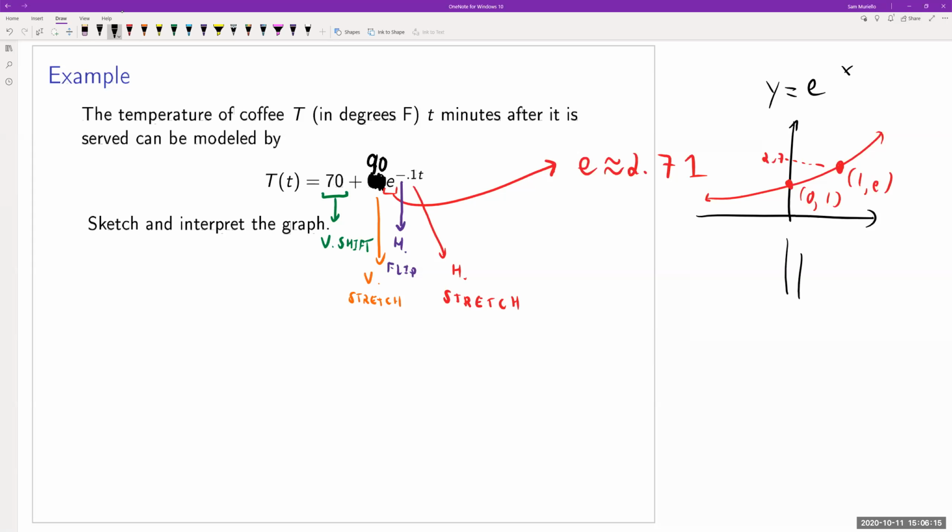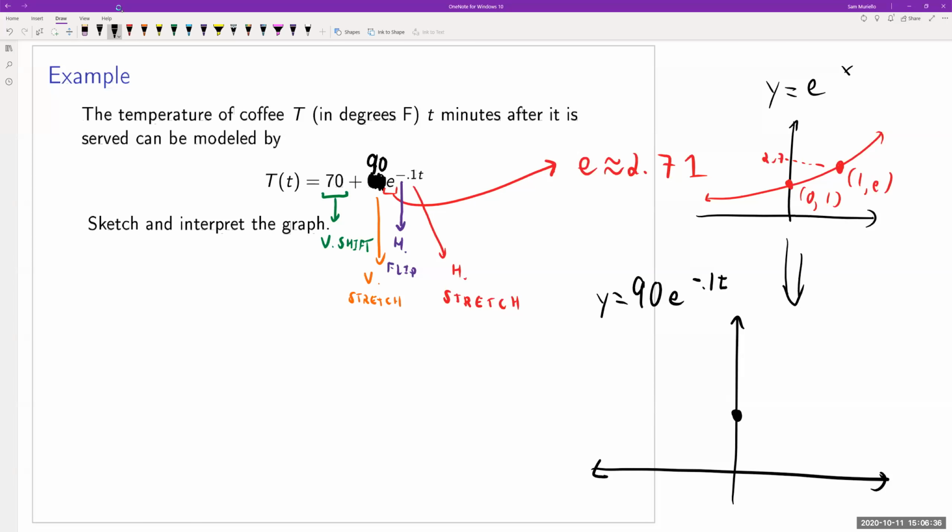So if I were to apply just 90e to the negative 0.1t, ignoring the vertical shift for the moment, then we are going to go through the point (0, 90) and through the point (-10, 90e).